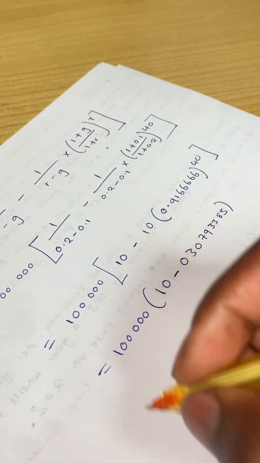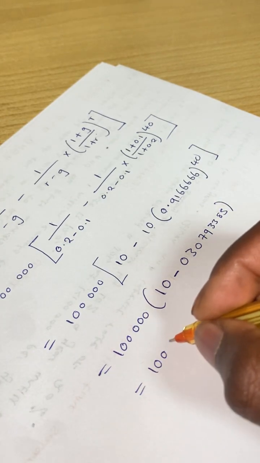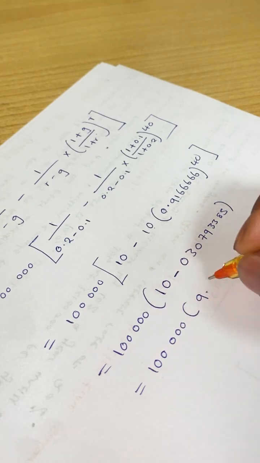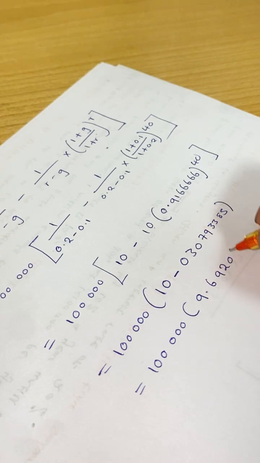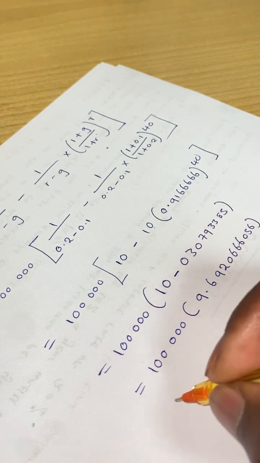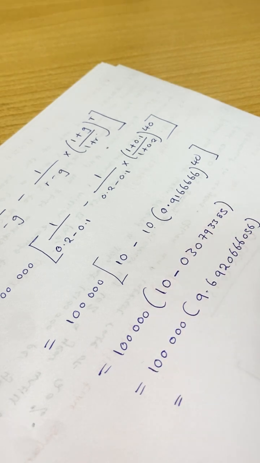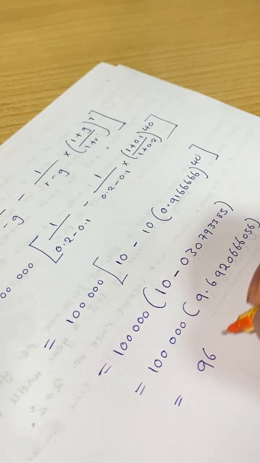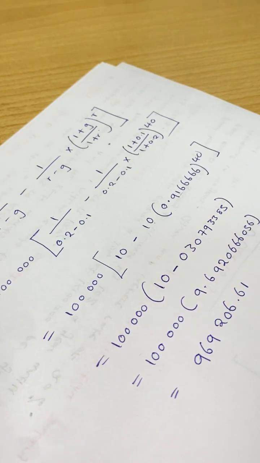Okay, so I can subtract what is here. When I subtract, it's giving me 9.6920666. Then I can multiply 100,000 with that. When I multiply by 100,000, I'm getting 969,206.61. So this is the present value.